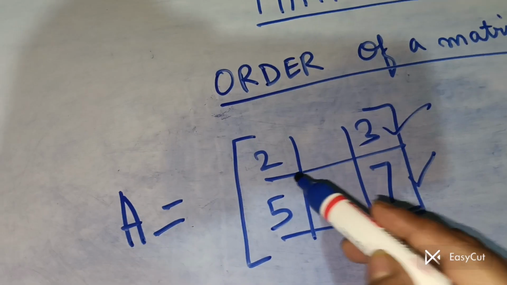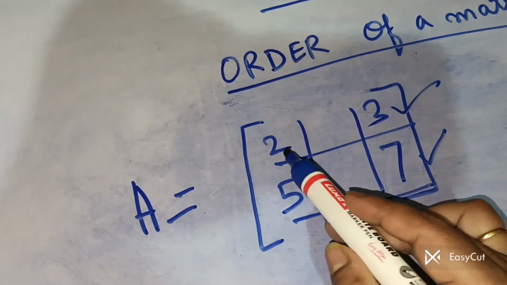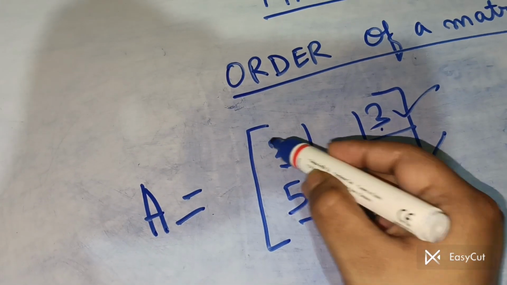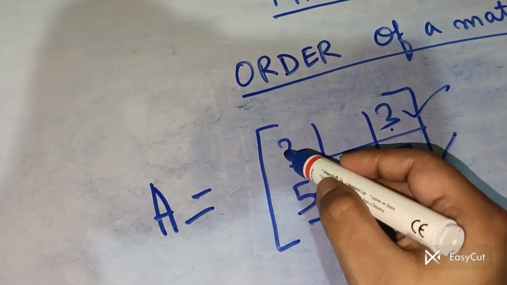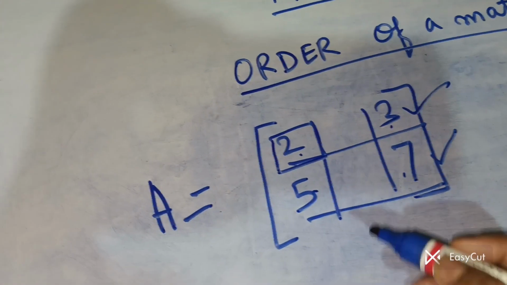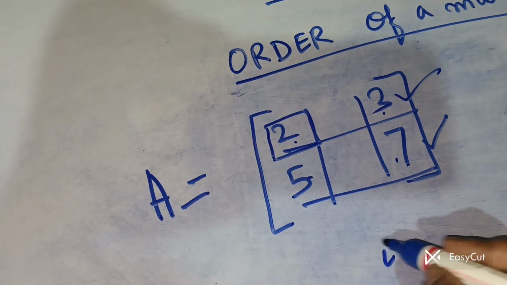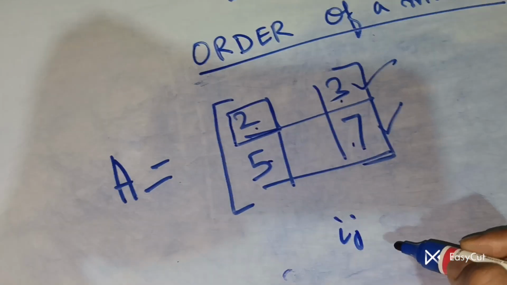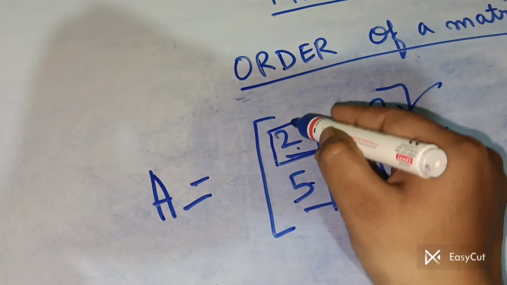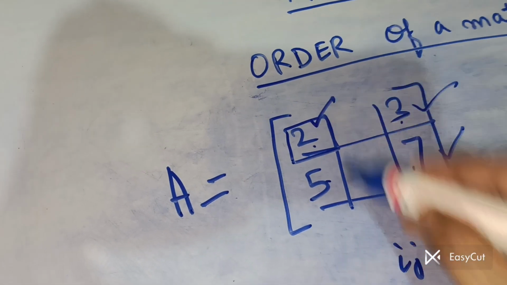Now we can see that in this matrix A, there are 4 elements, 1, 2, 3, 4. Now if we want to see the position of an element, how do we write? We write it by i and j. I represents the row and j represents the column.